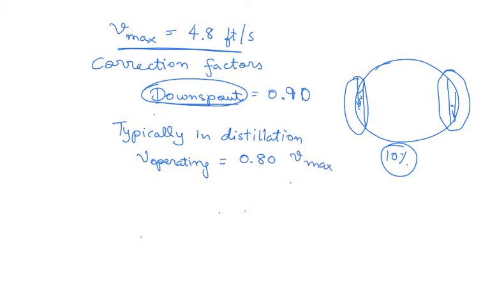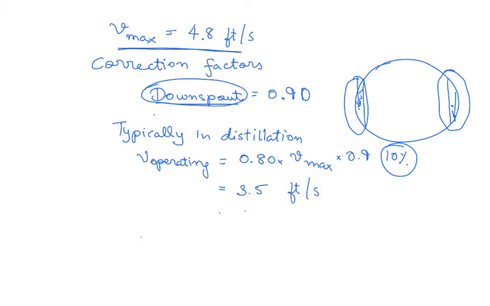We again multiply by 0.9 over here, and this is roughly how we get the operating velocity value. So kindly, can you calculate the value and tell me? 3.5 feet per second, right?